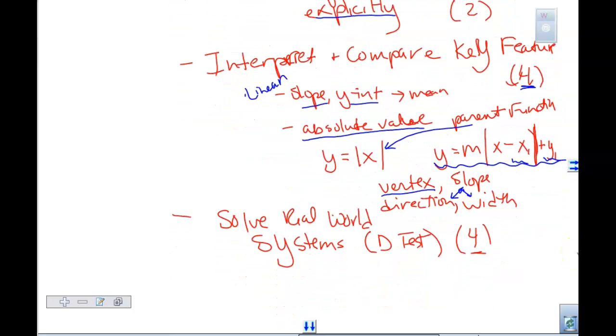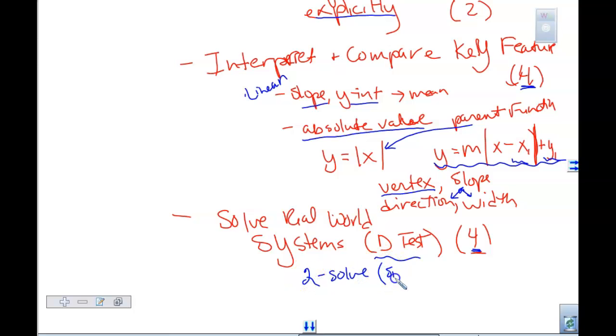Then the last 4 questions on the test are going to be kind of like test D, where you're going to be solving real world systems of equations. On that last page of the test, there are going to be 2 that you can solve any way you like. So 2 that you're just going to solve.